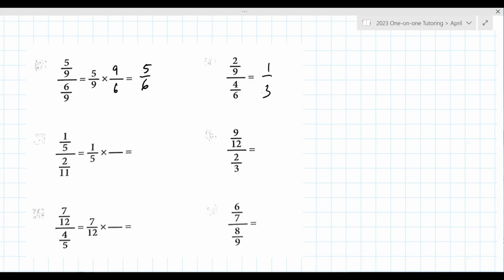1 and 1/11, or 1 and 1/10. So you like this, and then you got 11/10, 1 and 1/10. Yes, 1 and 1/10.